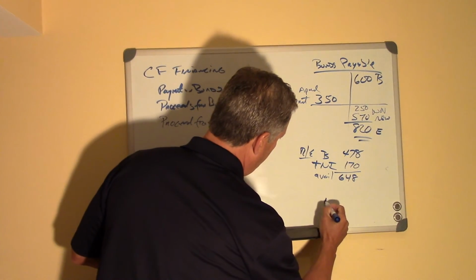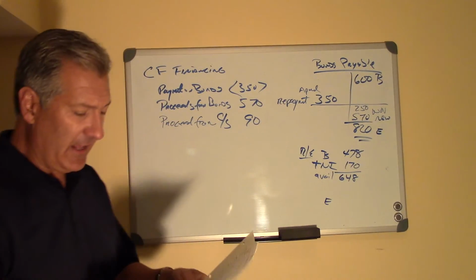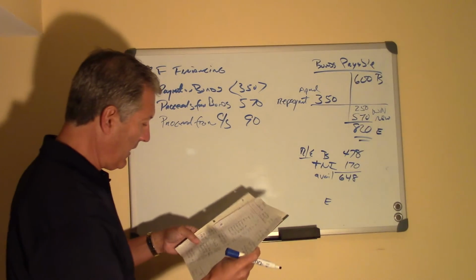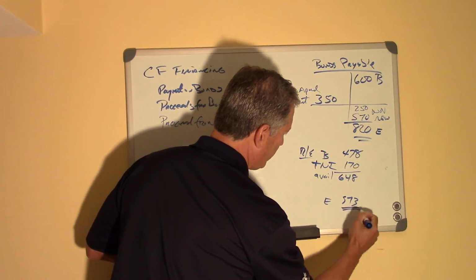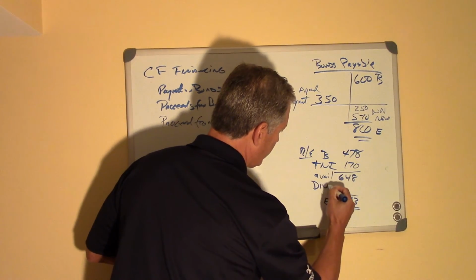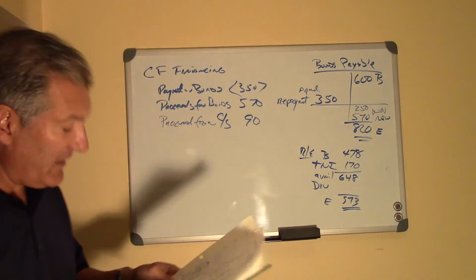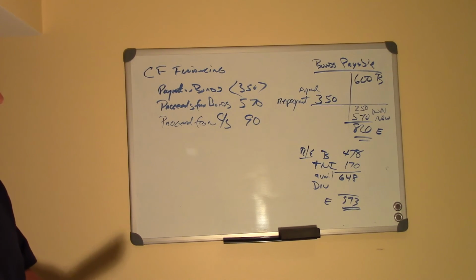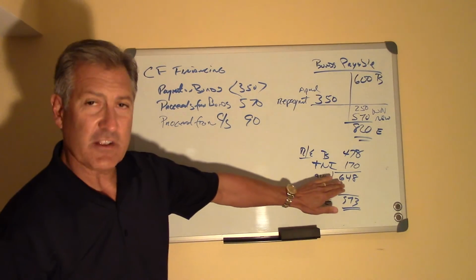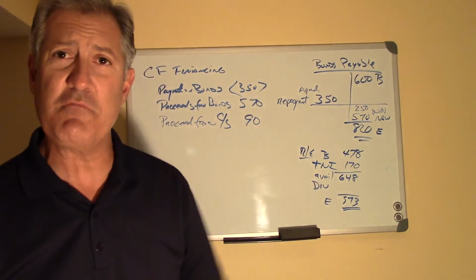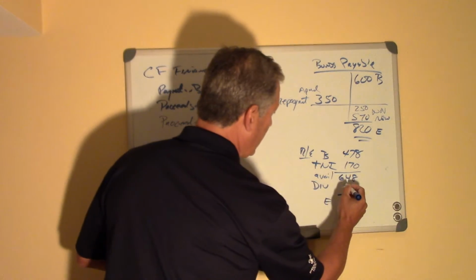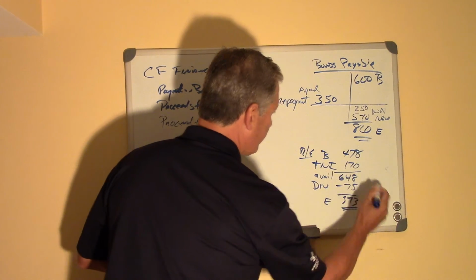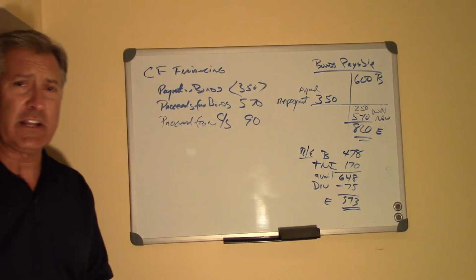Again, from the balance sheet, ending retained earnings, how much? 573. Were there any dividends paid? Well, in order to go from 648 to 573, they must have paid some dividends. How much? $75,000, right? Remember the journal entry.